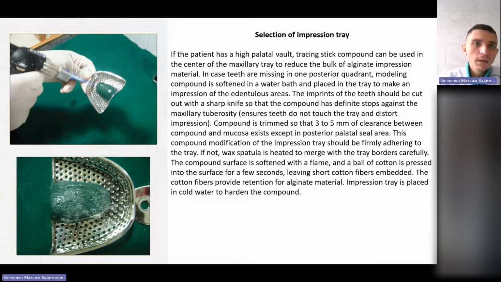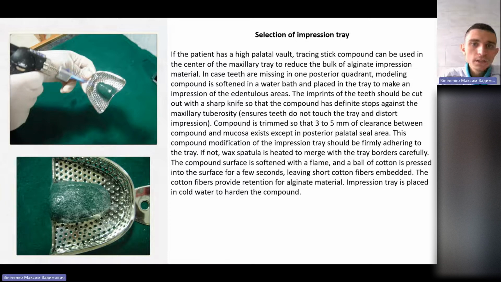If the patient has a high palatal vault, tracing stick compound can be used in the center of the maxillary tray to reduce the bulk of alginate impression material. In case teeth are missing in one posterior quadrant, modeling compound is softened in a water bath and placed in the tray to make an impression of the edentulous areas.